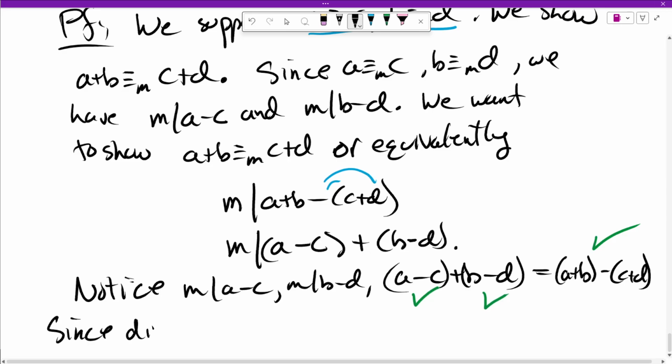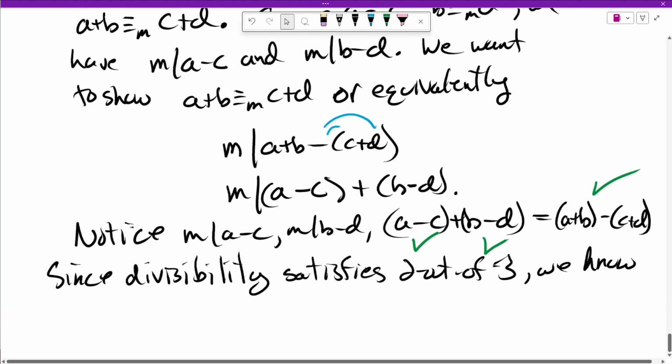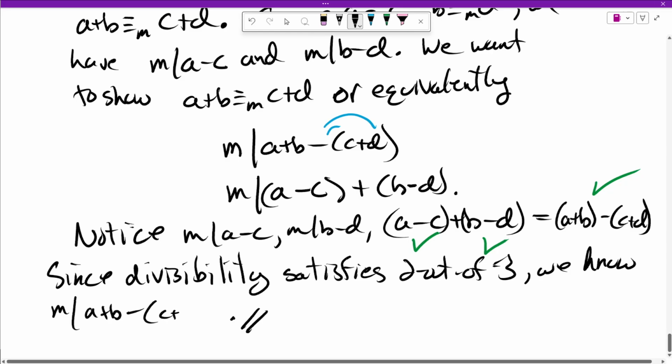So since divisibility satisfies this 2 out of 3 property I keep mentioning, we know that it must divide this expression here. And that's all we wanted to show, okay? Because we wanted this expression, A plus B minus (C plus D). And that tells us that these guys are congruent modulo m.